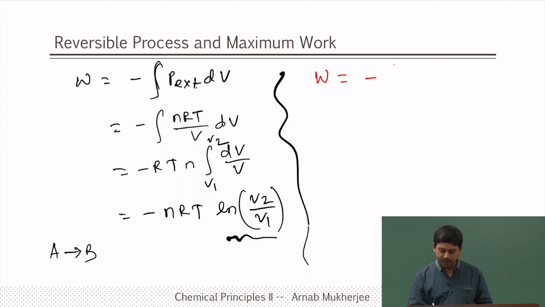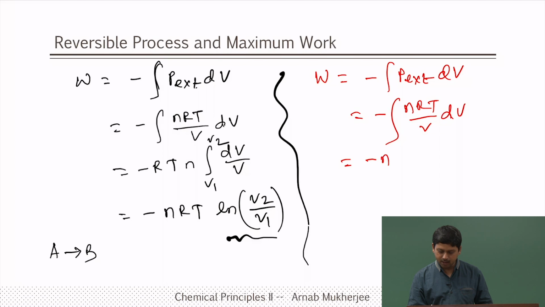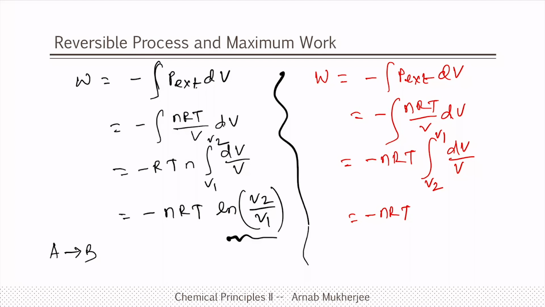Then you also write the same thing, P external dV, you write nRT by V dV, minus nRT dV by V. Now, you are going from V2 to V1, minus nRT ln V1 by V2.